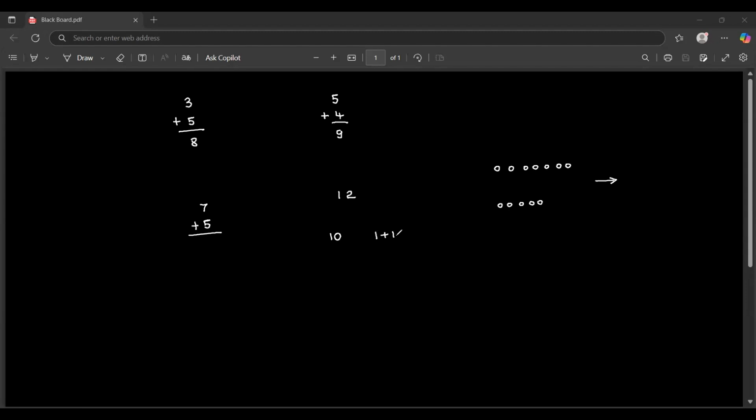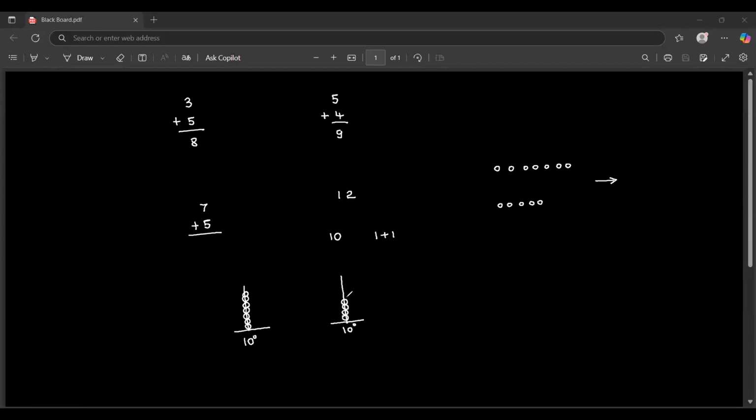If you want to visualize this, you had an abacus with the 10 to the power 0 rod. You have 7 beads here, or you can say 7 counters, and then you had 5 counters in another abacus.